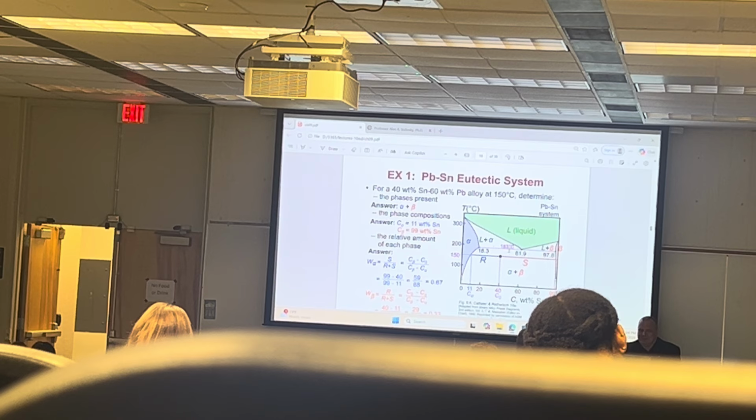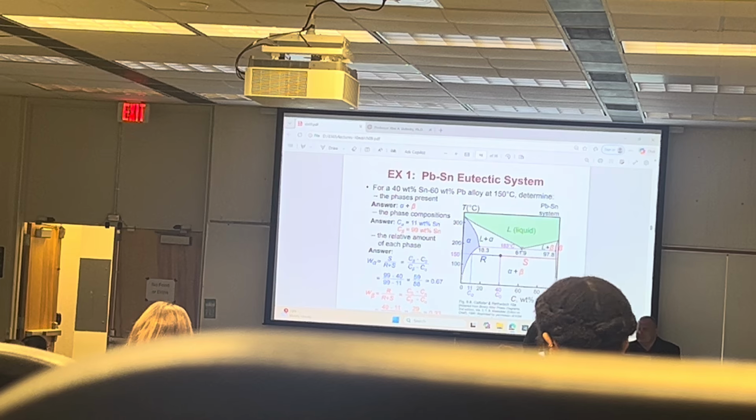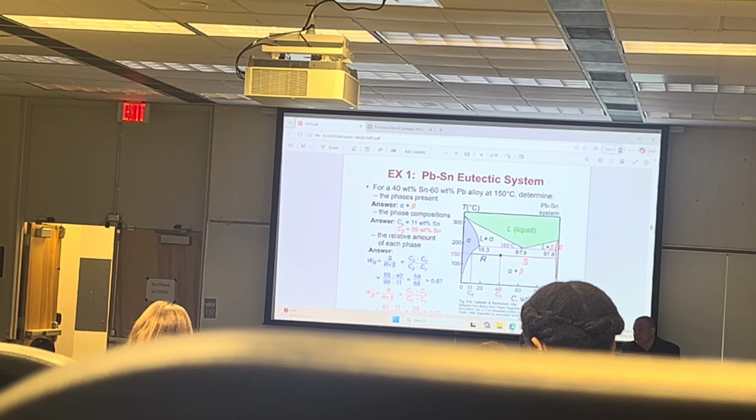What is the melting temperature of lead? 300 and something degrees. What's the melting temperature of tin? 200 something degrees. What's the melting temperature of the eutectic of 62% tin, and the rest is 38% lead?